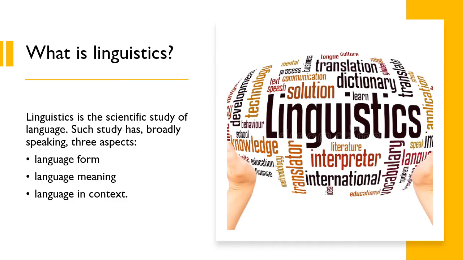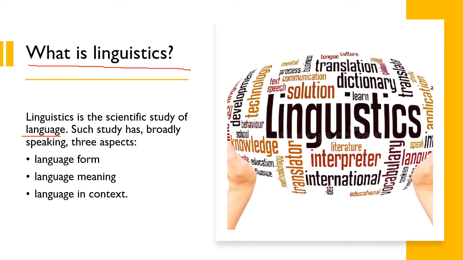To better understand stylistics, let's first review the different disciplines that involve it. So let's start from linguistics. So again, what is linguistics? Linguistics is the study of language, and such study has broadly speaking three aspects.